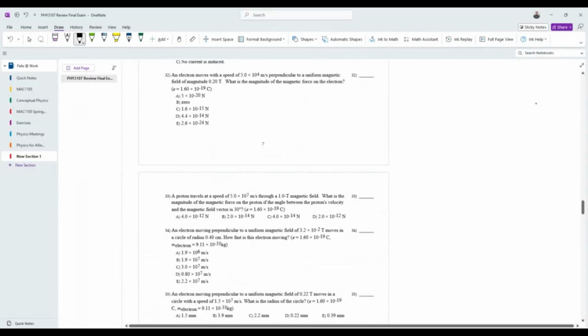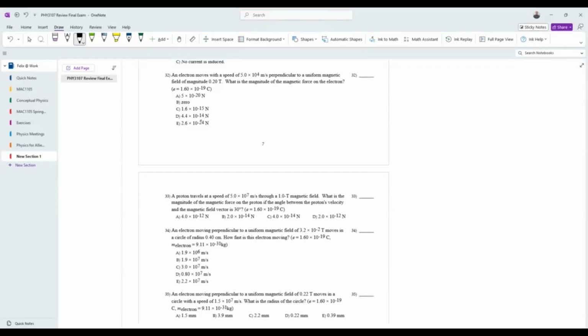Number 32, for example. They say an electron moves with a speed of 5 times 10 to the 4 meters per second, perpendicular to a uniform magnetic field of magnitude 0.20 Tesla. What is the magnitude of the magnetic force on the electron?